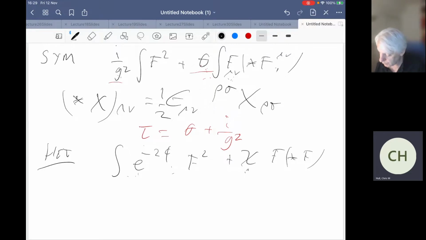And now here we can define tau equals chi plus i e to the minus 2 phi, and this becomes a complex scalar field whose expectation value gives this tau here.